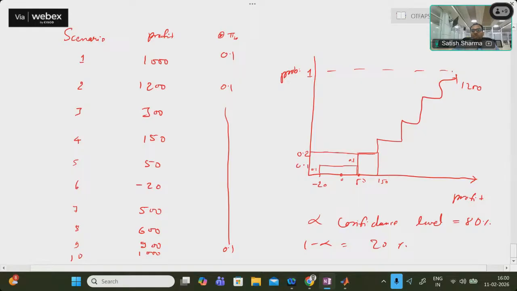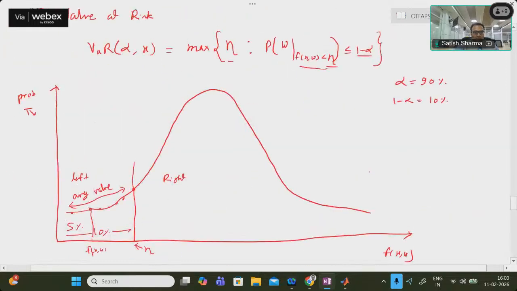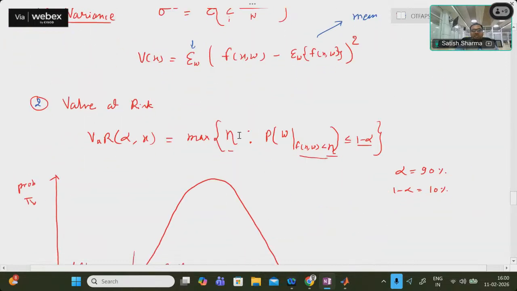So for this 20% confidence level, I have different values, and the value at risk is defined at probabilities which are less than 1 minus alpha, which is, in this particular case, 20%. So the profit function value will be less than the eta value, and the probability should be 20%, and what can be the maximum value of eta?